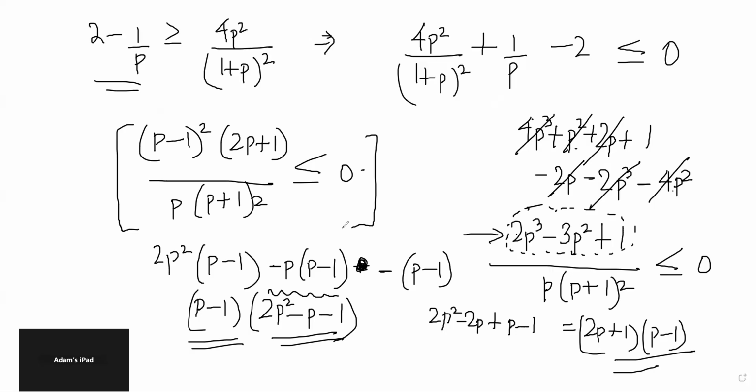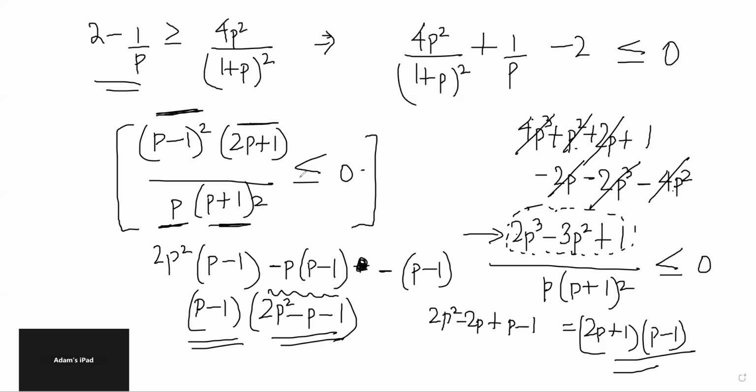Now, the question had already said that these were positive real numbers x and y, right? So p is positive, correct? If p is positive, this is positive, this is positive, this is also positive. How can it be less than 0? So what can we do now?